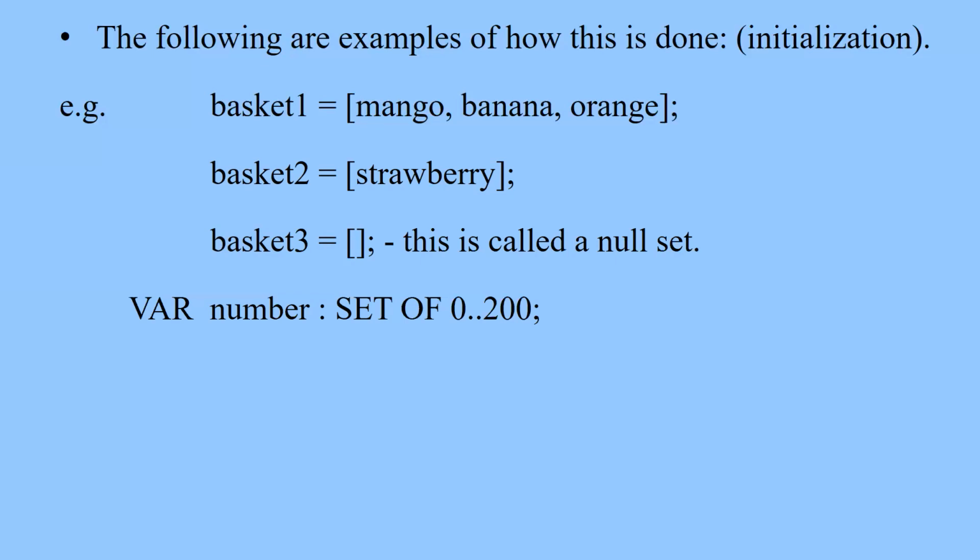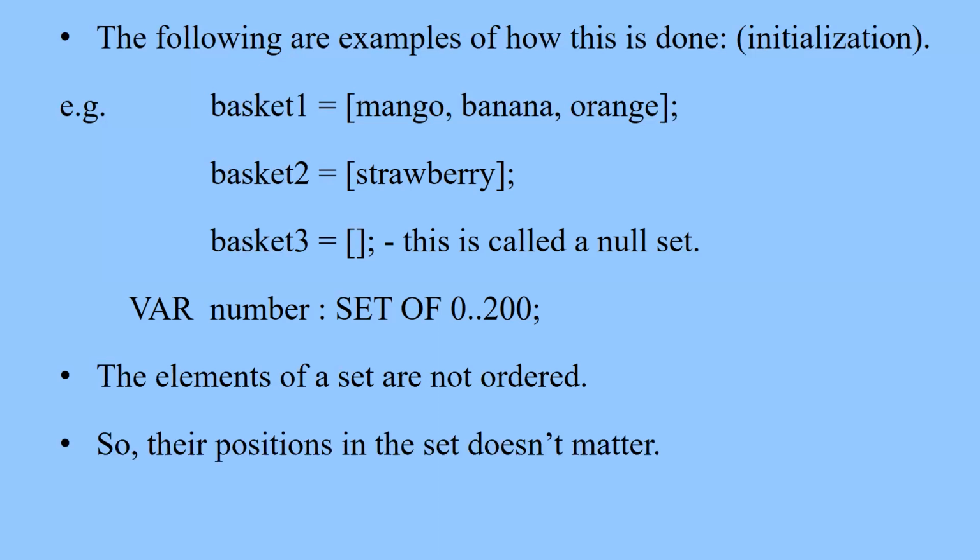This is a statement which not only declares a variable called number, but also tells it what it's supposed to be composed of. So it's supposed to be composed of a set of 0 to 200. The elements of a set are not ordered, so their positions in the set don't matter.